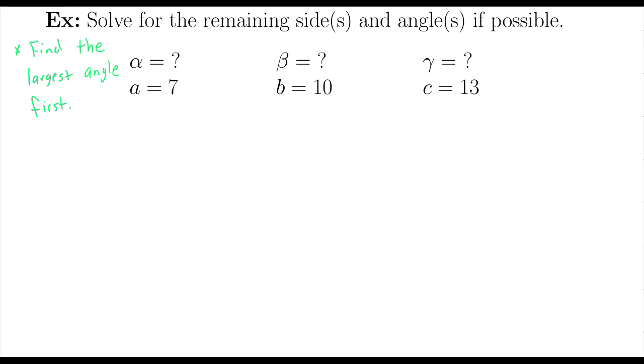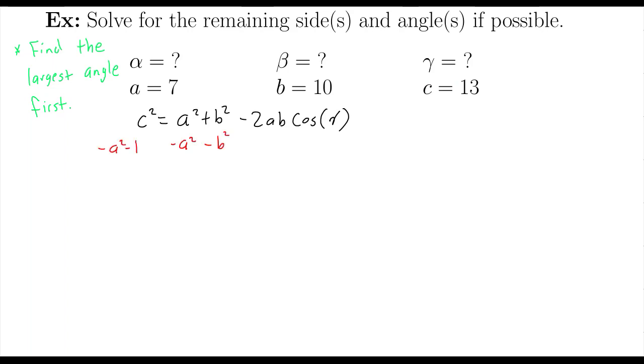Okay, so first step, let's use the formula that has gamma in it. That's the one that says C squared equals A squared plus B squared minus 2AB cosine of gamma. Now we're going to rearrange this a little bit. I'm going to subtract A squared and B squared from both sides.